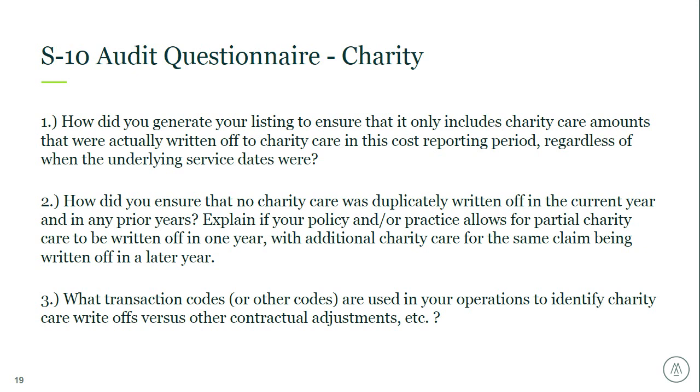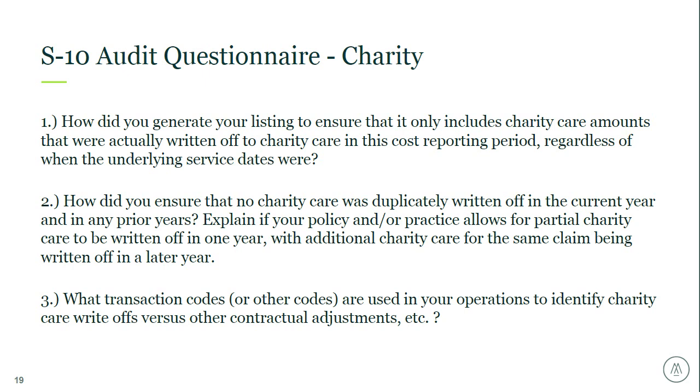One thing about duplication checks is it can be very difficult to tell between a duplication of the same charges and just separate write-offs for different parts of the bill. And this can be difficult for the provider to determine as well. So I think that's where this question stems from. They're wanting to know how you check for those duplications, especially if you have write-offs for the same account that span multiple fiscal years.